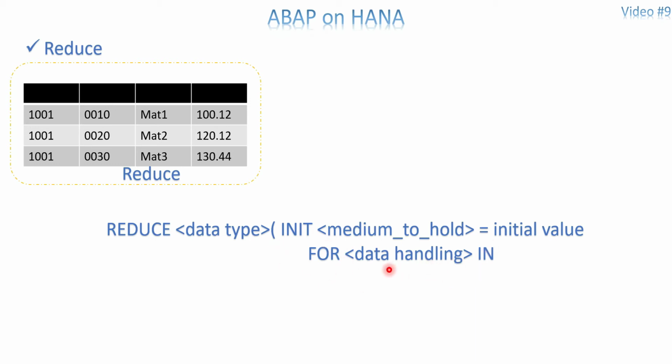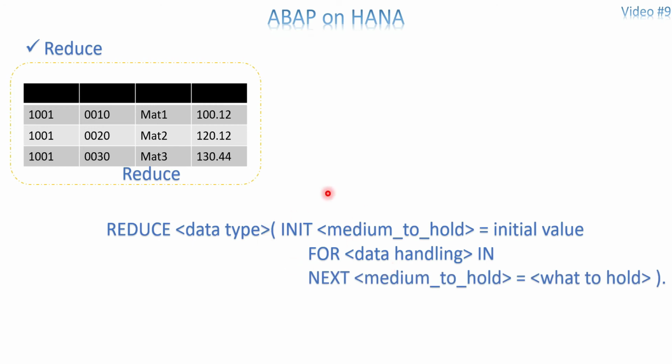So that is data handling. And the next one is NEXT, because this is going to be a loop. So there is another keyword called NEXT. Medium to hold, the same variable you mentioned earlier, the same variable to be maintained here, equals what to hold.